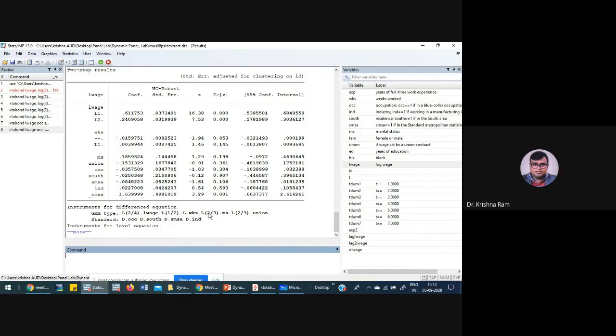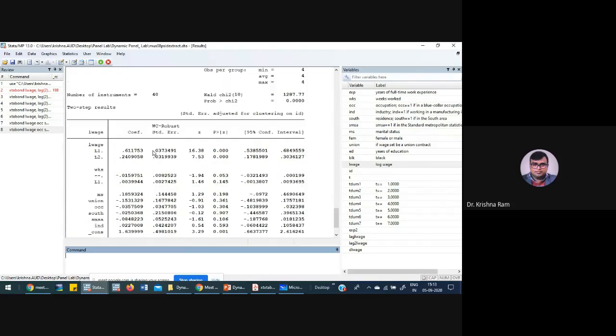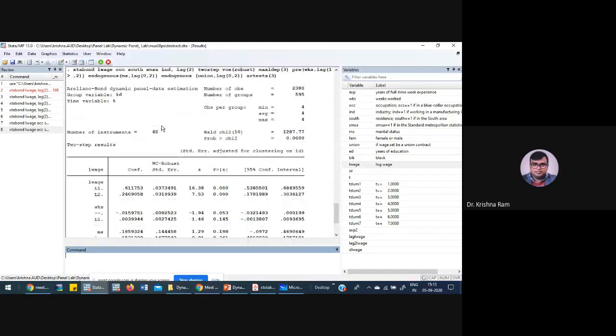So that one is the second lag value of MS and the third lag value of MS variable. And similarly we can interpret for the union variable. So the total number of instruments here is 40.